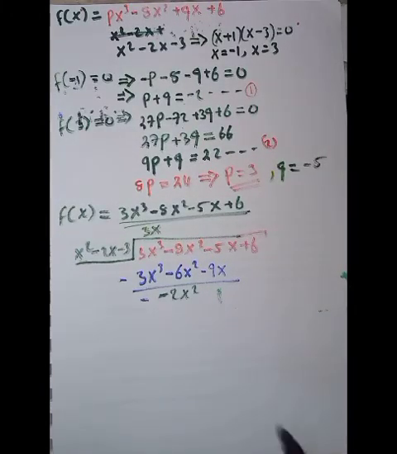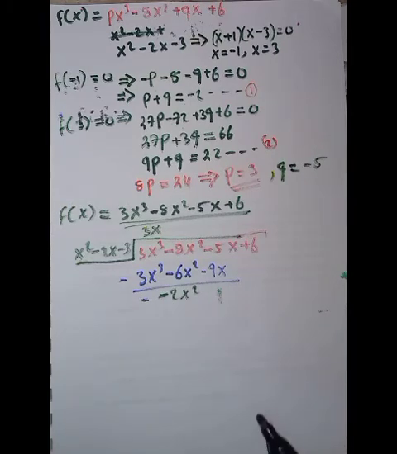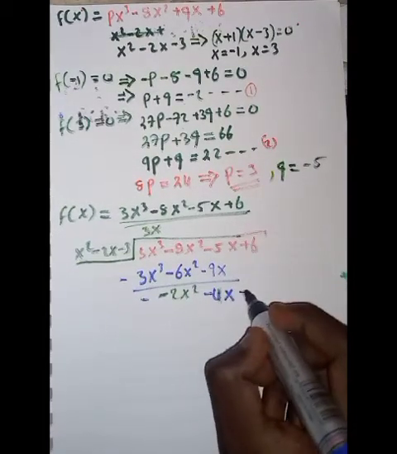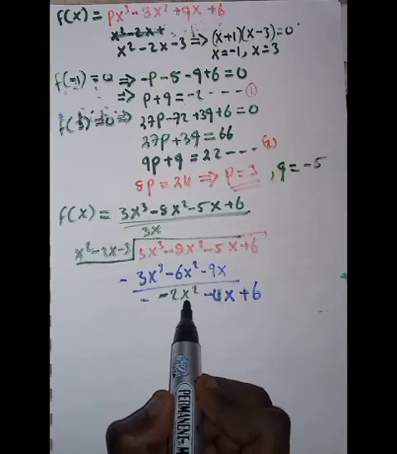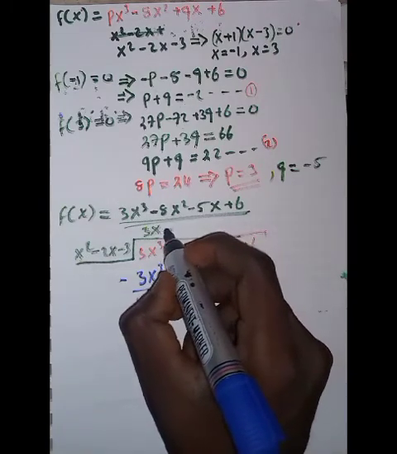Then if I take -5x minus -9x, it's simply going to give me +4x. Then we are just going to bring down 6. Then we take -2x squared again and divide by x squared. We're simply going to have -2.